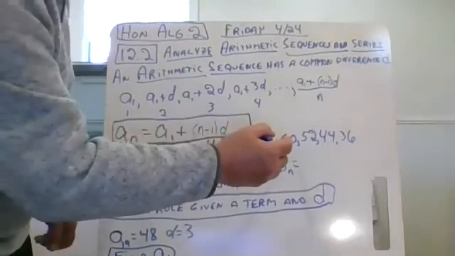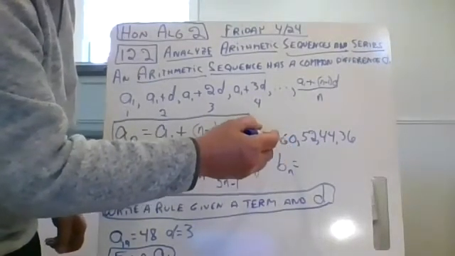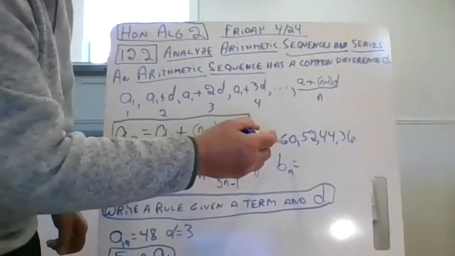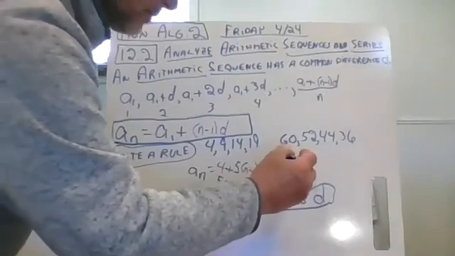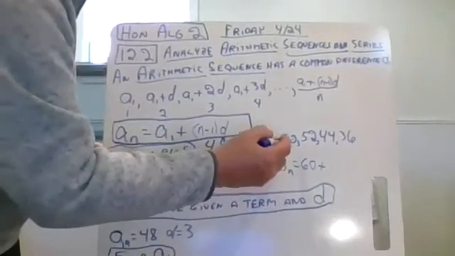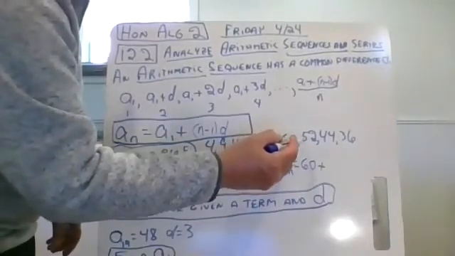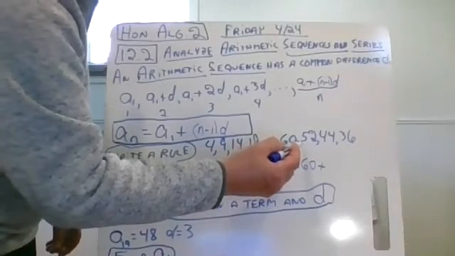And so we'll do one more here real quickly. What's b sub n here? a sub 1 plus n minus 1 times d, right? So what is it? It's 60 plus what? What's d? 12 or 8.